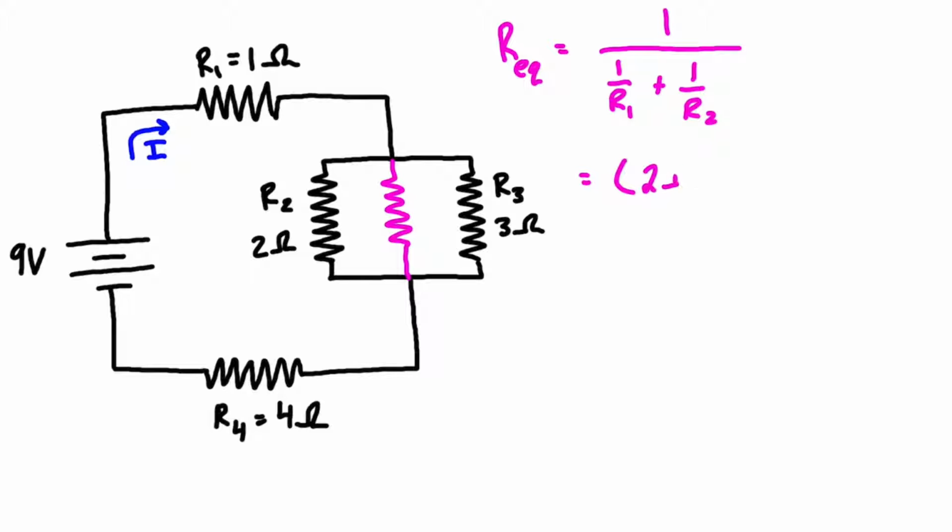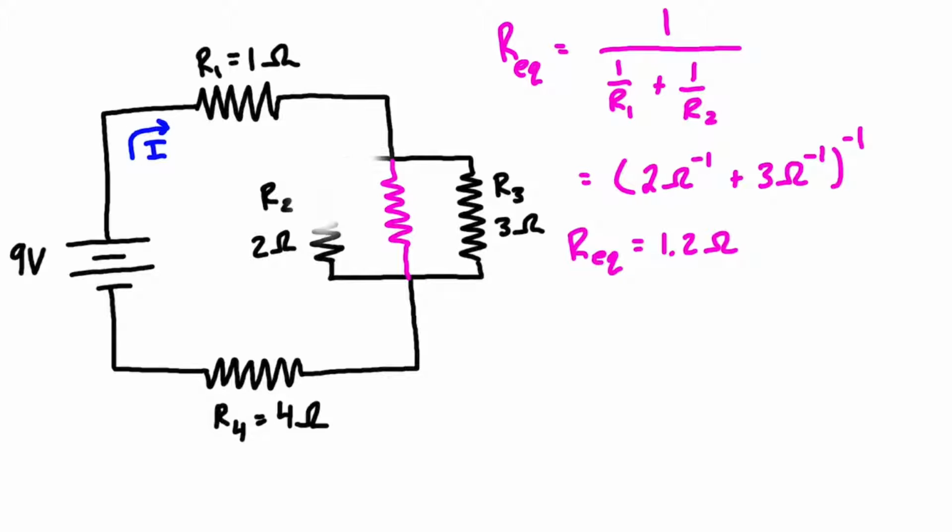We have 2 ohms inverse plus the inverse of 3 ohms, and then the inverse of all of that. That's the equivalent of putting 1 divided by 2 ohms and 1 divided by 3 ohms inside the brackets, and then taking 1 divided by that. We calculate the equivalent resistance to be 1.2 ohms.